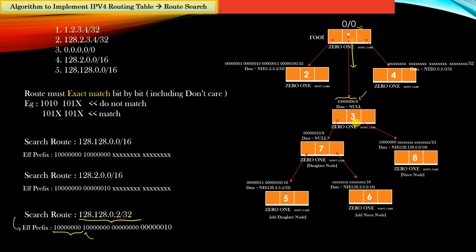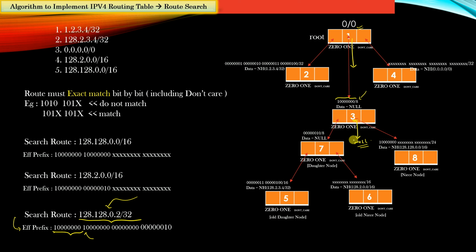Alright, so I will inspect the next bit of the input prefix, which is 1. So I will try to traverse down the tree along the 1th child of node 3, but the 1th child of node 3 is null. There is no path. So it simply means that this particular route is not present in this mtrie data structure. At any point during the traversal in the mtrie data structure, starting from the root node down the tree towards the leaf, if you ever find that you have nowhere to go, then it means that that particular route is not present in this mtrie data structure.